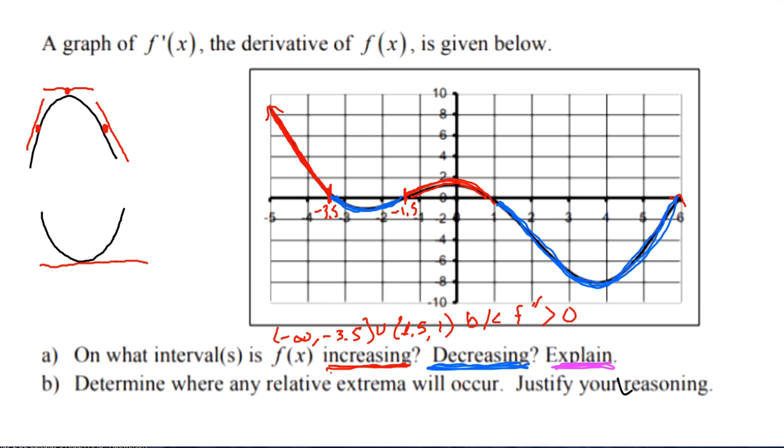The intervals where our function is decreasing are going to be from negative 3.5 to negative 1.5 union 1 to 6. And we know that because f prime is less than 0, which means your derivatives are negative.